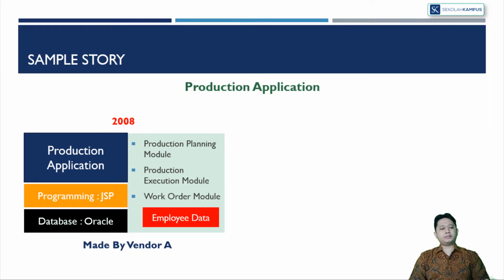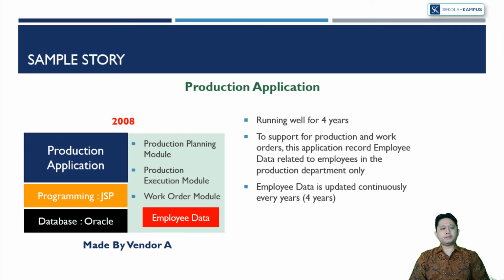Now let's look at each application. The first, the production application, was running well for about 4 years. I cannot tell the whole story of this application, but I want to show the part about supporting production and work orders.